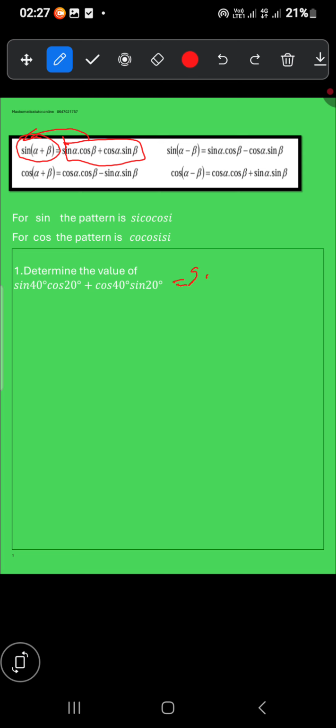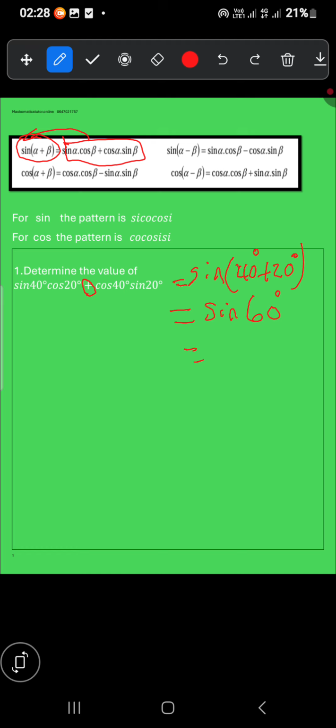This is going to be sine of, if you are adding inside, you must also add for sine, so sine of our first angle, 40 degrees, plus the second angle, 20 degrees, which equals sine of 60.